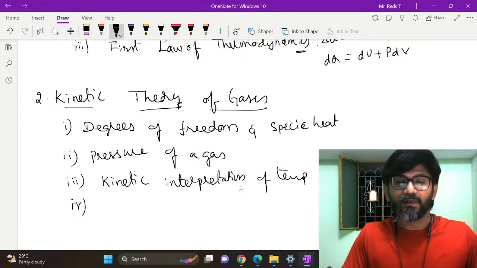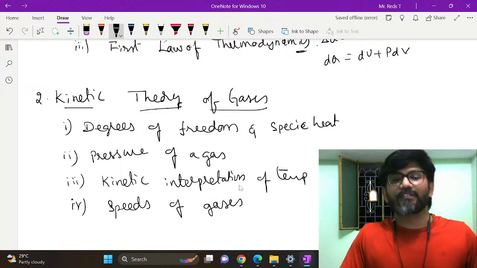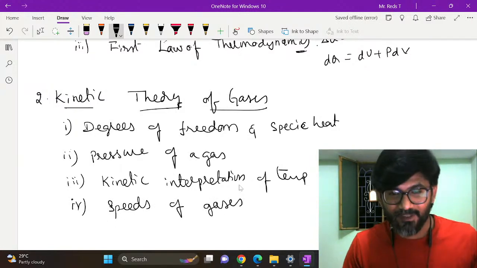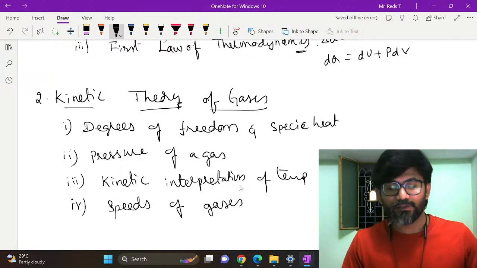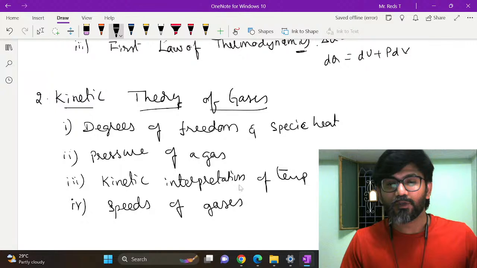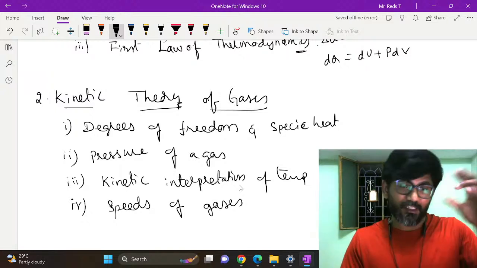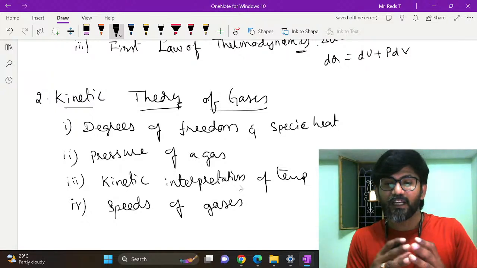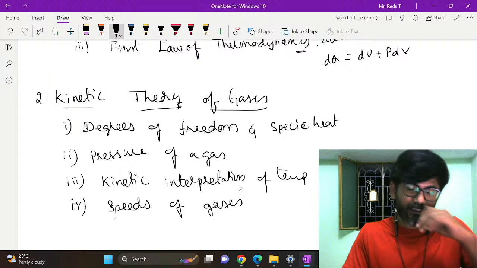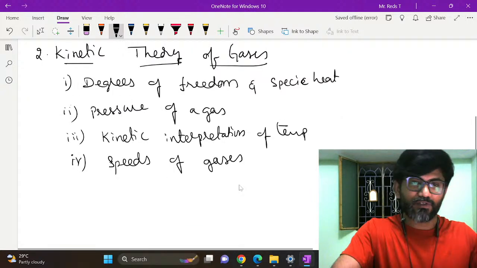These are interrelated. And the different speeds of gases: RMS speed, root mean square speed, most probable speed, average speed. So the expressions of the different formulae and the relation between them, how to calculate these different speeds in the case of a given gas. These relations you need to go through once.